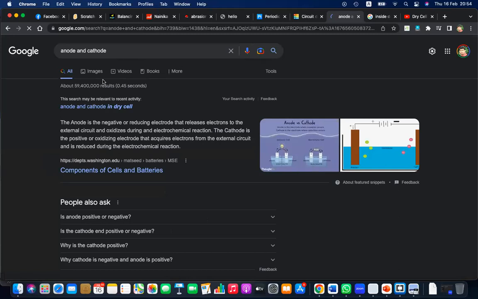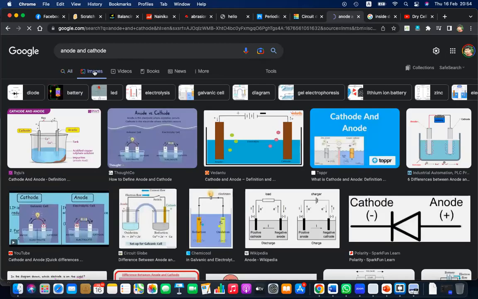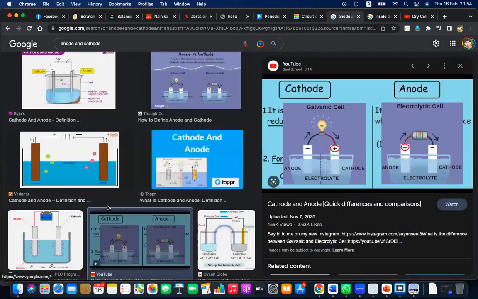You can see in a reaction how anode and cathode work. Here you can see anode and cathode in a galvanic cell. In a galvanic cell, the anode is where the electron supply is.